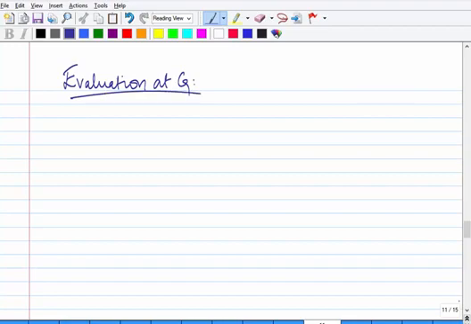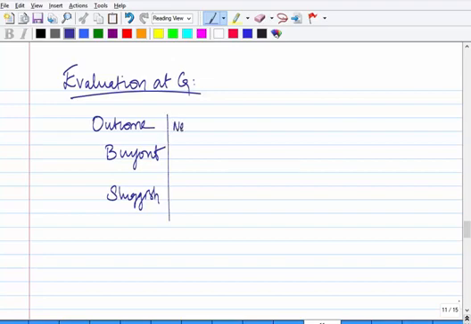At G, you have different outcomes, right? This can be buoyant or this can be sluggish. You can have two different set of outcomes. And what is the net benefit you are going to get when it is buoyant?